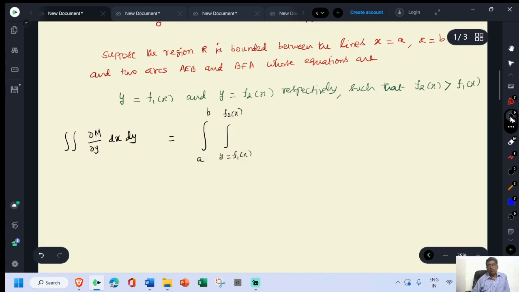The lower limit of y is f1 of x, the upper limit of y is f2 of x. Here the lower limit of x is a, the upper limit of x is b. Then write down the function ∂M/∂y dx dy. Now we should make our integration with respect to dy. The entire thing should be multiplied by dx.